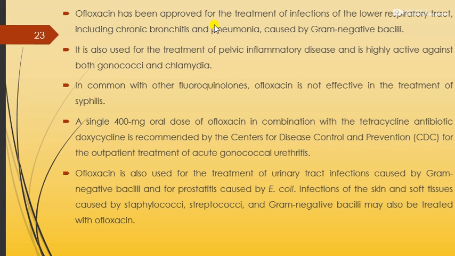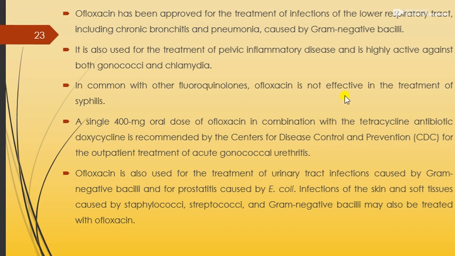Ofloxacin has been approved for the treatment of infections of the lower respiratory tract, including chronic bronchitis and pneumonia caused by gram-negative bacilli. It is also used for the treatment of pelvic inflammatory diseases and is highly active against both gonorrhea and chlamydia, in common with other fluoroquinolones.